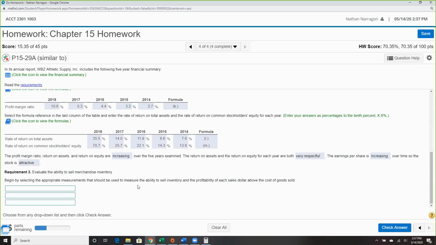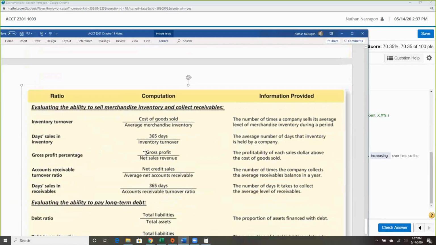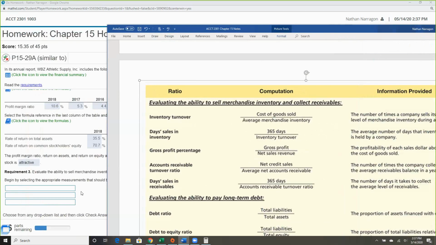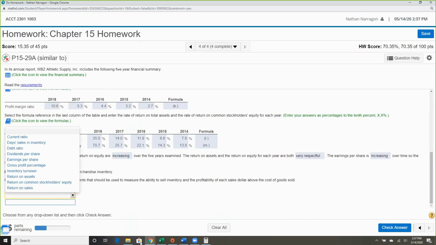Okay, next it's time for the ability to sell merchandise inventory. Now we're going to go through a little batch again. And again, we have 1, 2, 3, 4, 5. Only 3. There's the gross profit. We saw that.